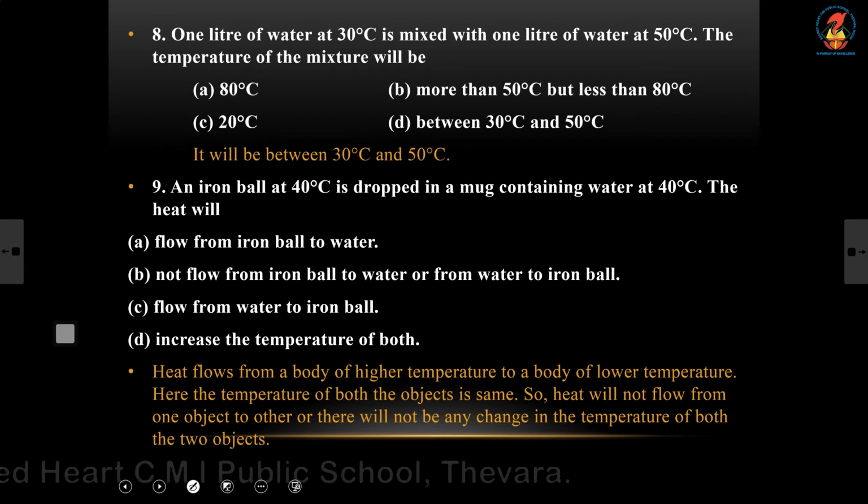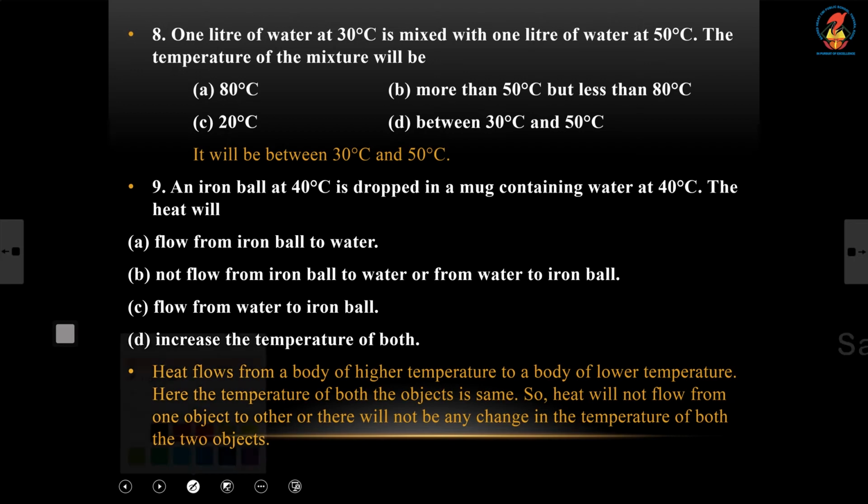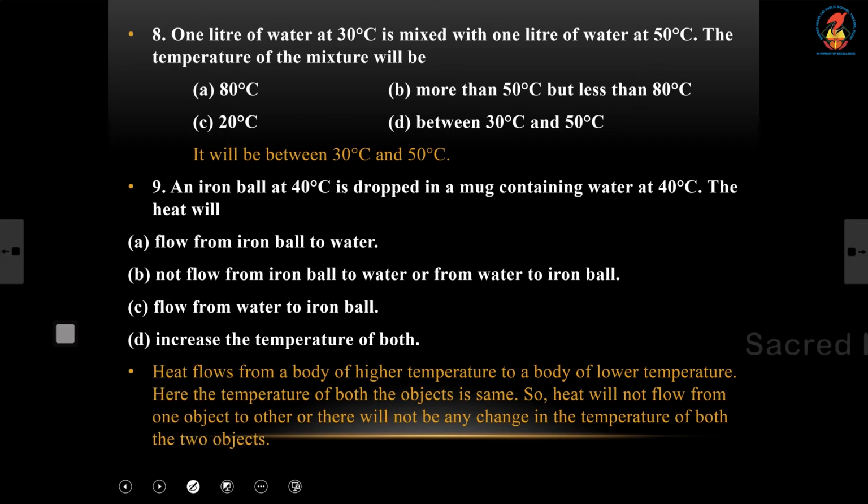Then, 1 liter of water at 30 degrees Celsius is mixed with 1 liter of water at 50 degrees Celsius. What is the temperature of the mixture? That we can find like this.